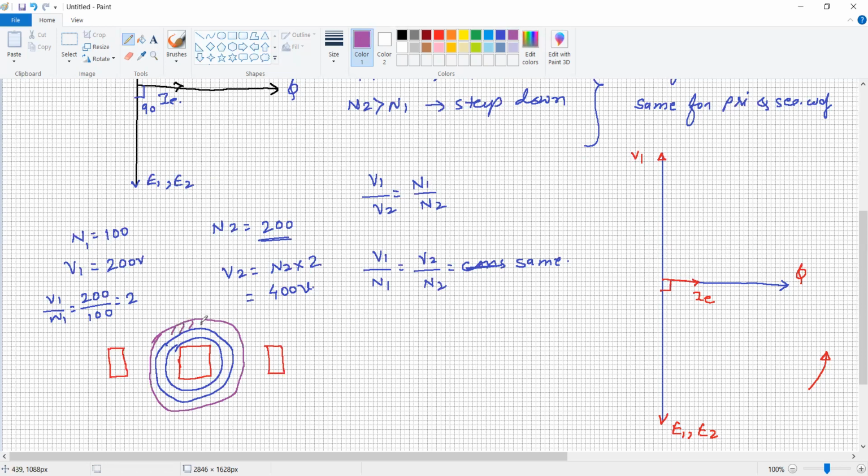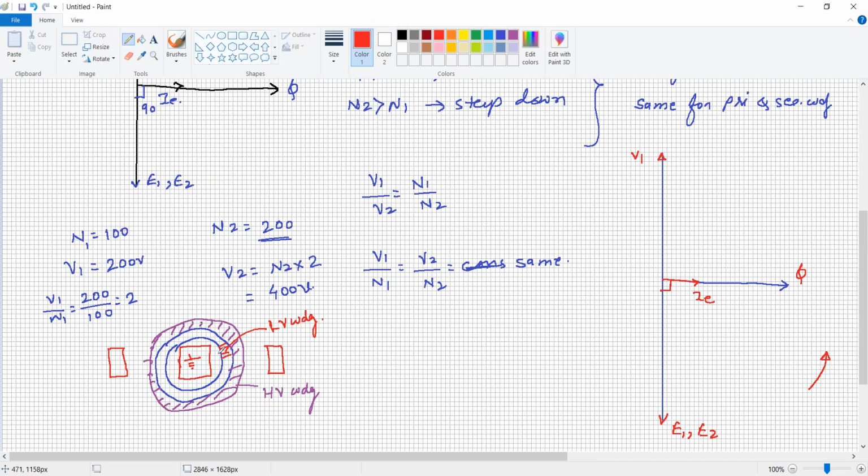The second winding, which is away from the core, is the HV winding, the high voltage winding. Whereas the winding which is near the core is the low voltage winding. What is the reason? Because the core is at zero potential.